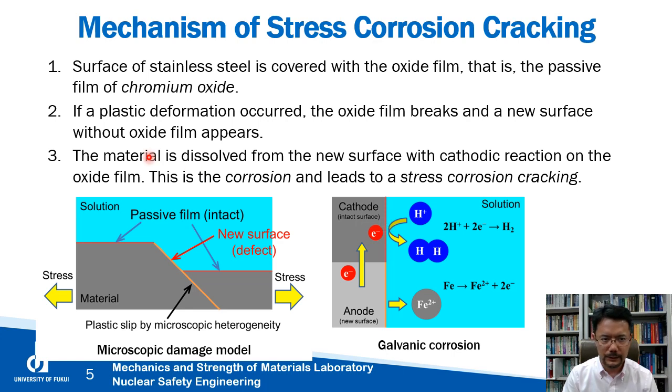As a result, the material is dissolved from the new surface with a cathodic reaction on the oxide film. This is corrosion, and sometimes leads to stress corrosion cracking, like this. And this is the mechanism of SCC.